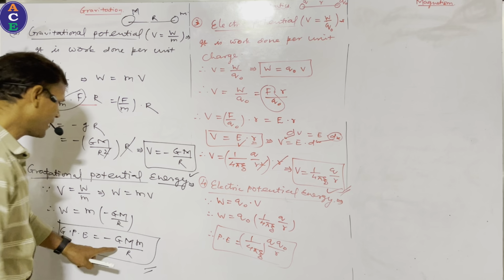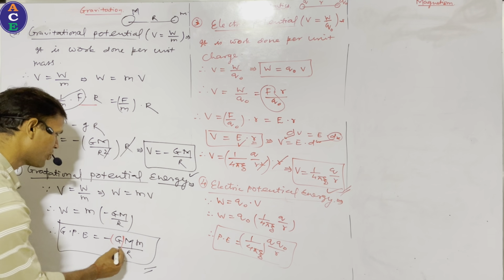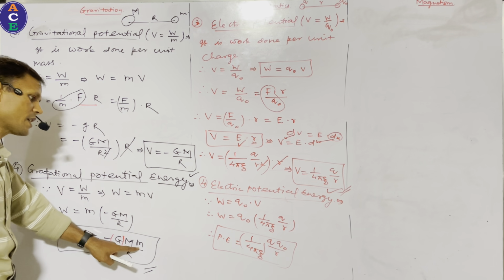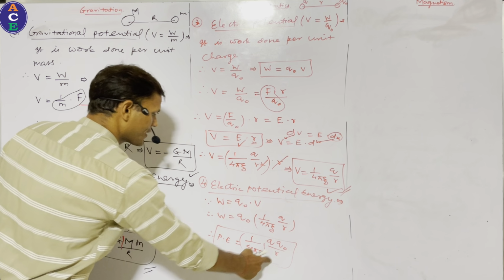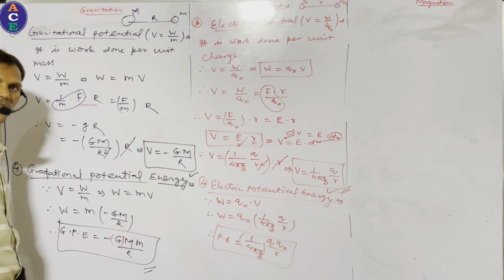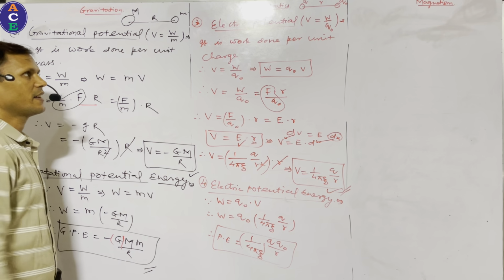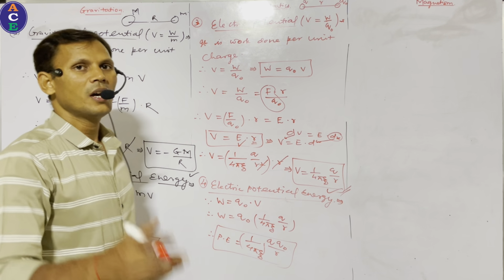Here it is constant, here it is the constant as G, and then product of two masses, product of two charges divided by distance. So it is similar. That is the reason we are going to compare it.